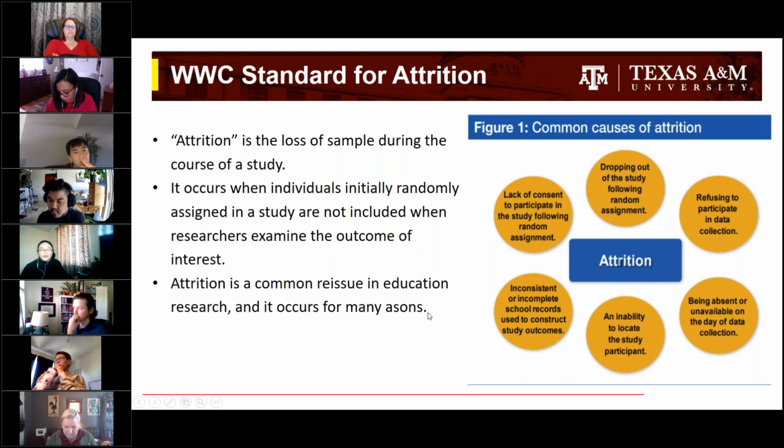Here I list common causes: participants drop out of the study following random assignment, lack of consent forms, inconsistent or incomplete school records, we are unable to locate the participant, the participant refused to take the test so we can't collect the data, or being absent or unavailable on the day of data collection, on the testing day.